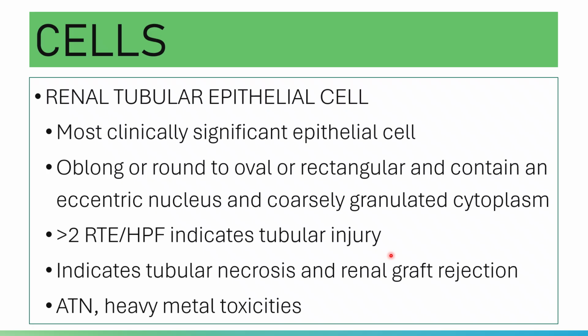Increased numbers of proximal and distal convoluted renal tubular epithelial cells and presence of renal epithelial cell casts are seen in acute tubular necrosis and with certain drug or heavy metal toxicities, as well as renal graft rejection.